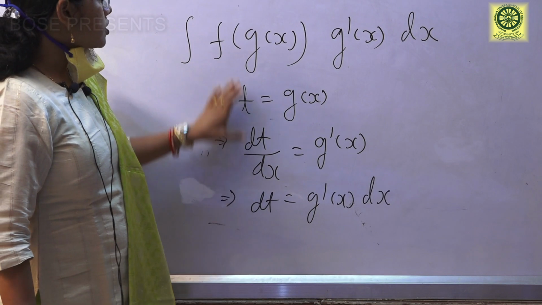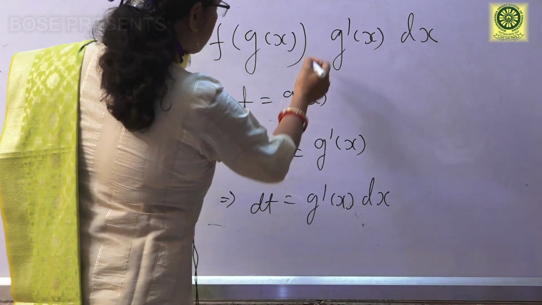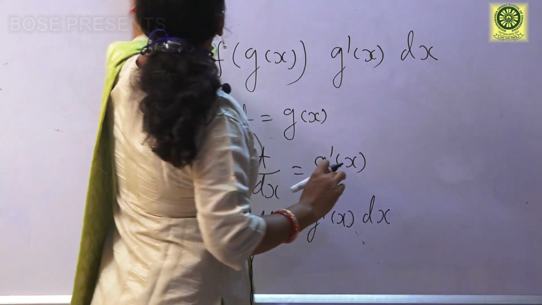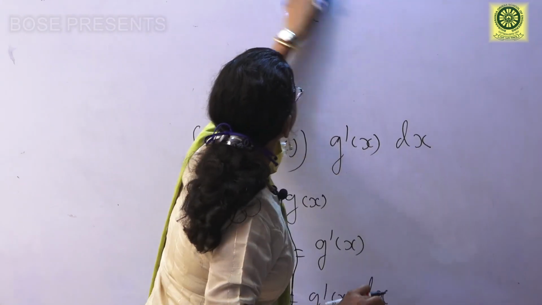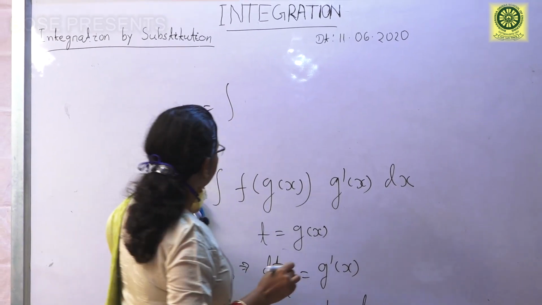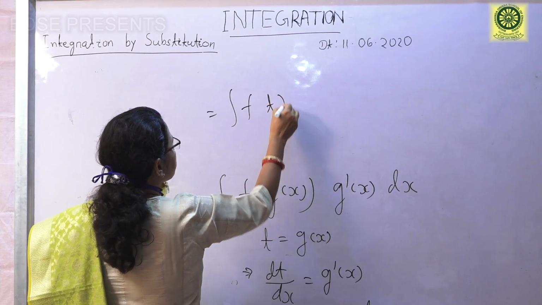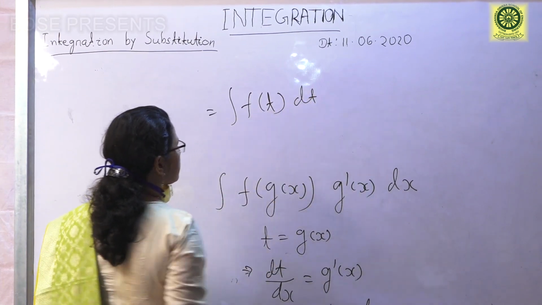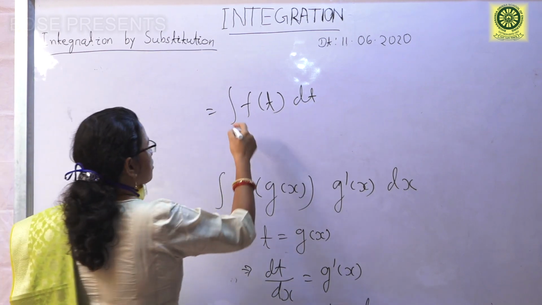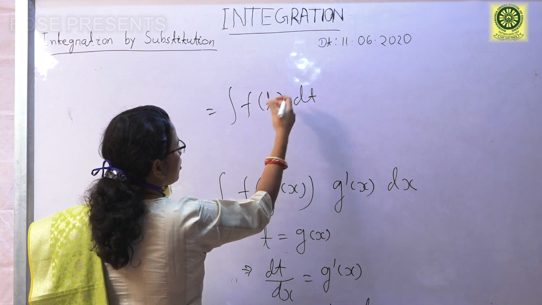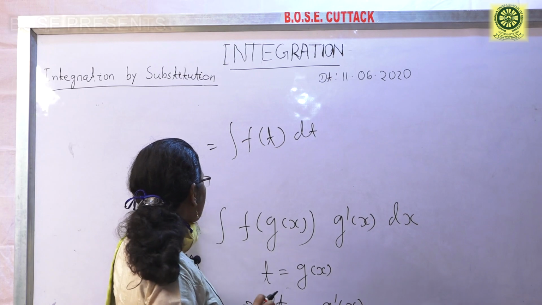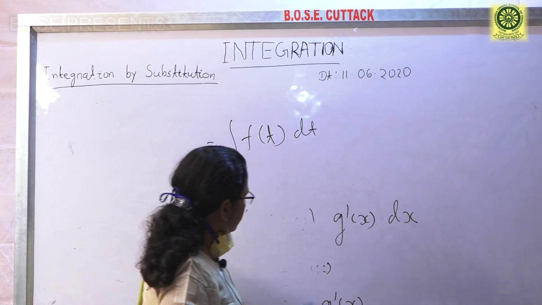Then by using this substitution, our integral becomes f of t into dt. Our integral becomes the integral of f of t with respect to t, which is a simple integration. After that you can solve this problem by using the simple integration formula.